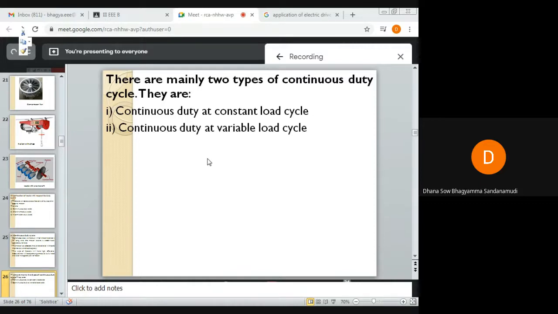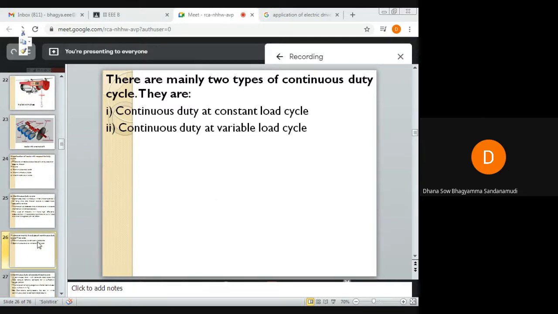Examples are fans, the fans that we use in our houses, compressor fans, and conveyors.